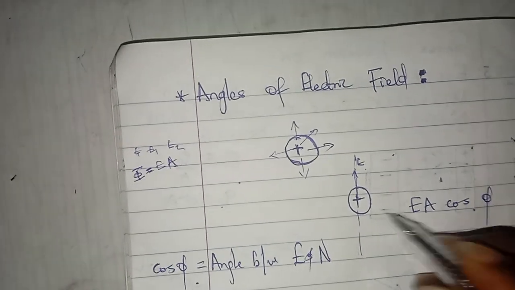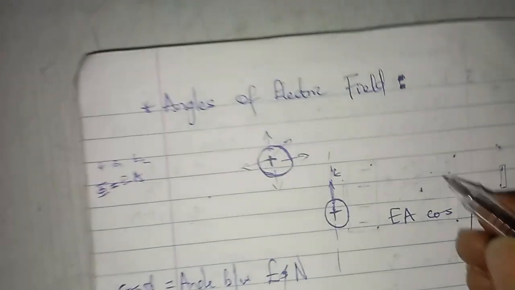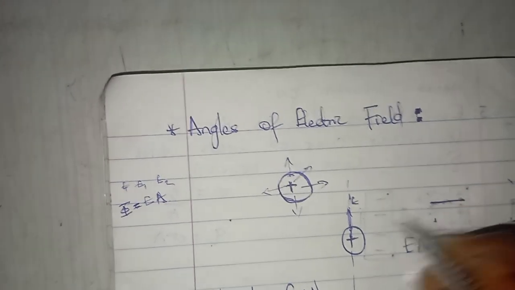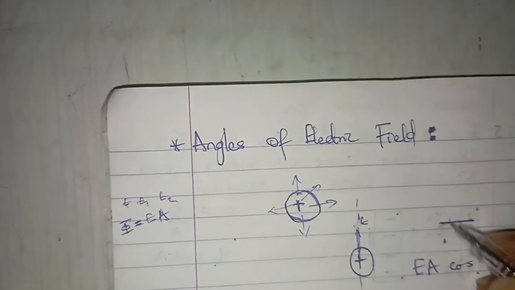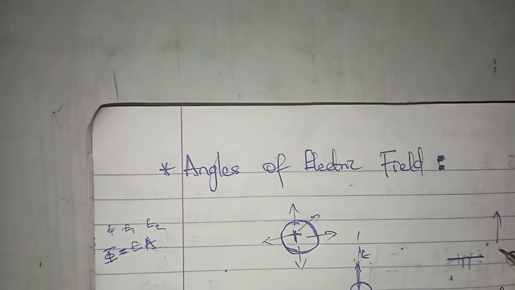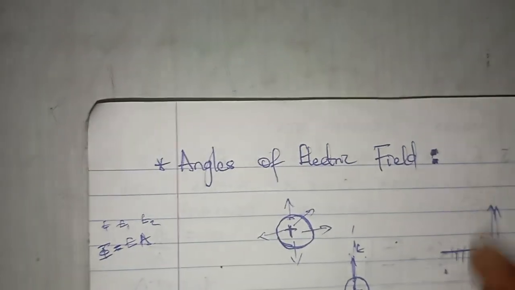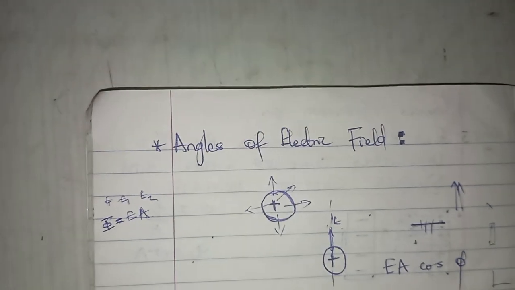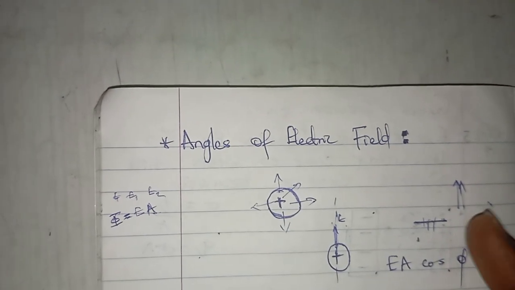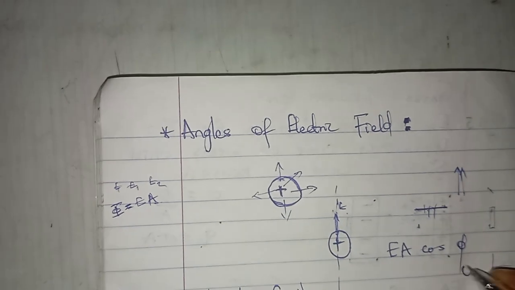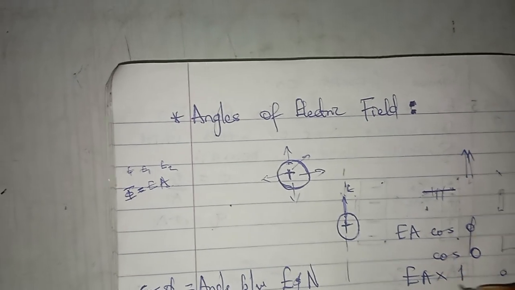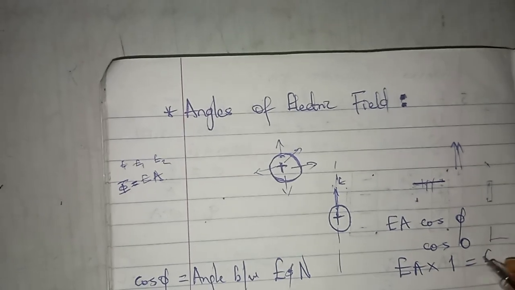In this case, because they are moving in the same direction, they are at zero, the same point. If I have something this way, I still have the same normal line this way. They are moving in the same direction, so they are parallel to each other. Because they are moving in the same direction, we say that this is 0, and cos 0 is 1. So EA times 1 is simply EA.